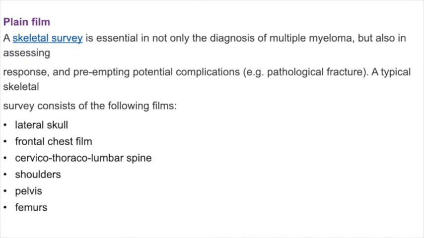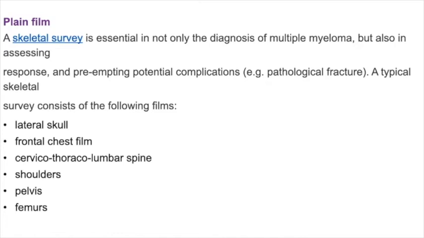Also, the first thing is plain X-rays. There is a special study for that, which is a skeletal survey. So for all patients suspected of multiple myeloma, the first thing you have to request is a skeletal survey, which is essential. It is not only for the diagnosis of multiple myeloma, but also for assessing response and preempting potential complications, such as pathological fracture, like I mentioned before.